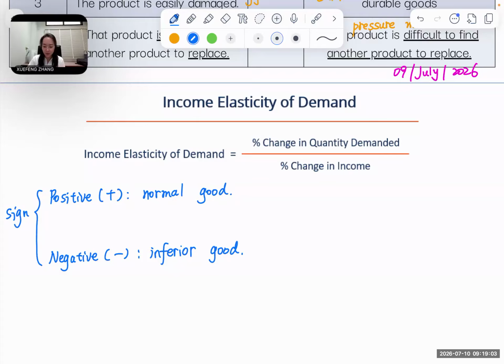So let me write down the example here for normal good. We can see phone, right? Let's see phone. For inferior good, the classical example, okay, it's instant noodle.